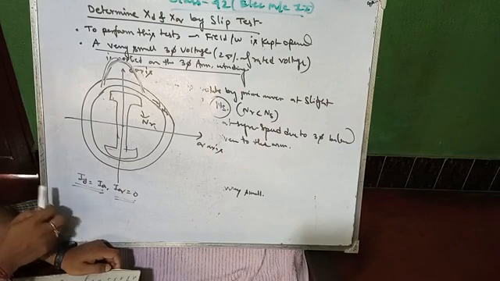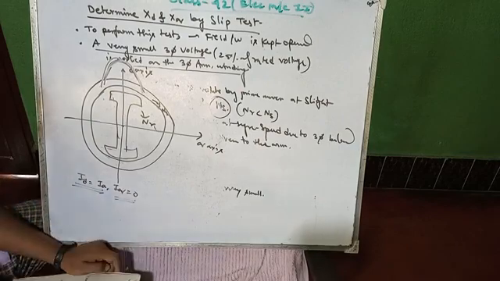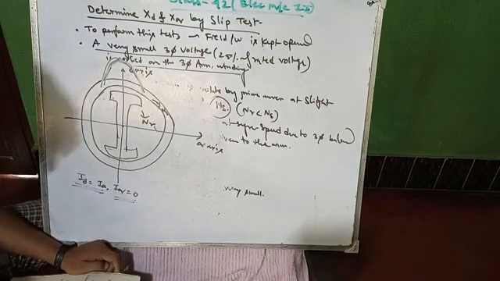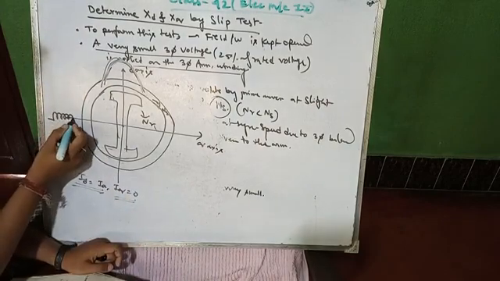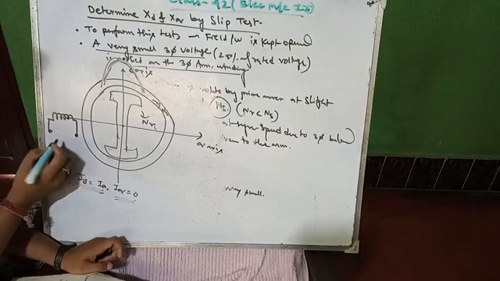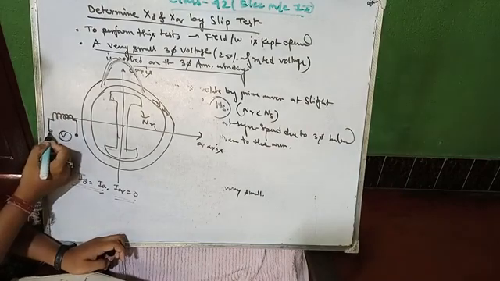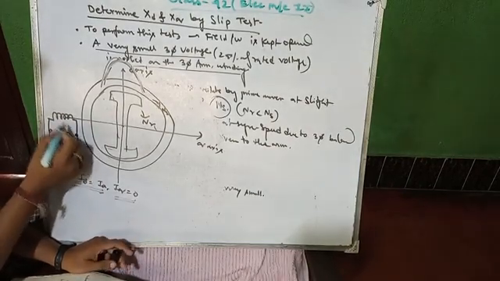So consider the slip EMF induced at the open circuited field winding. If we connect a voltmeter over here, it is open circuited.